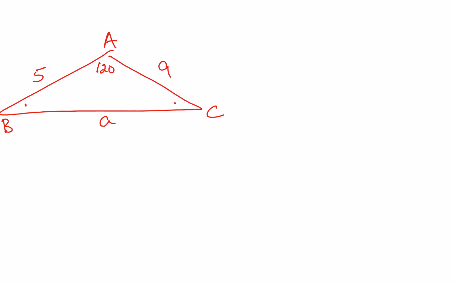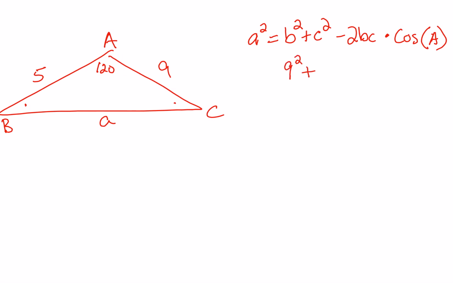So for the law of cosines, we know that this little side a squared here equals b squared plus c squared minus 2bc times the cosine of big A. Now substitute what you know in. You know little b, it's 9. You know little c, it's 5, minus 2 times 9 times 5 times the cosine of 120.